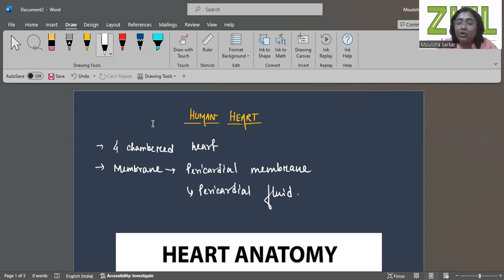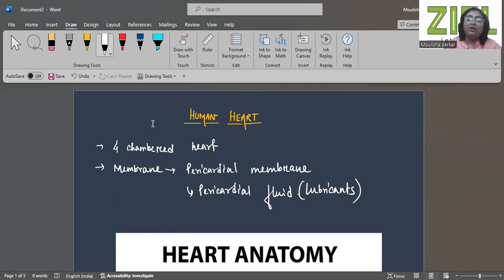So to reduce the friction with all other organs and muscles, a fluid is secreted from the pericardial membrane. That is the pericardial fluid, which acts as a lubricant and reduces the friction of the heart with other organs and the cardiac muscles. So this is the basic knowledge for the human heart. It's a four-chambered heart, and the protective membrane is the pericardial membrane.